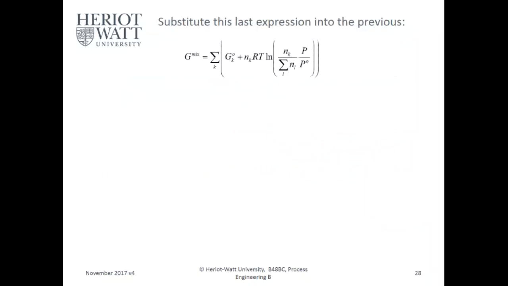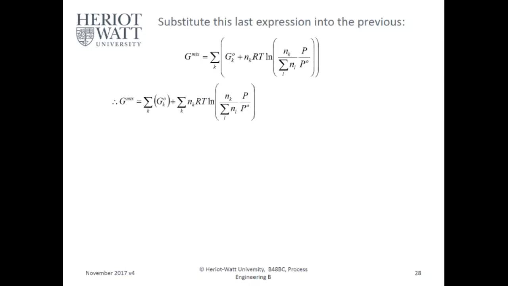Substitute this last expression into the previous and you get G mix equals sigma K G0K plus NkRT log of Nk over sigma L and L P over P0.